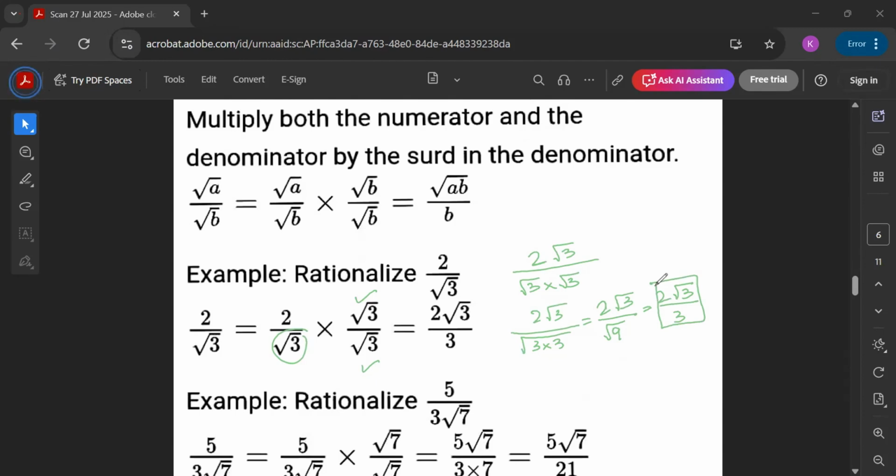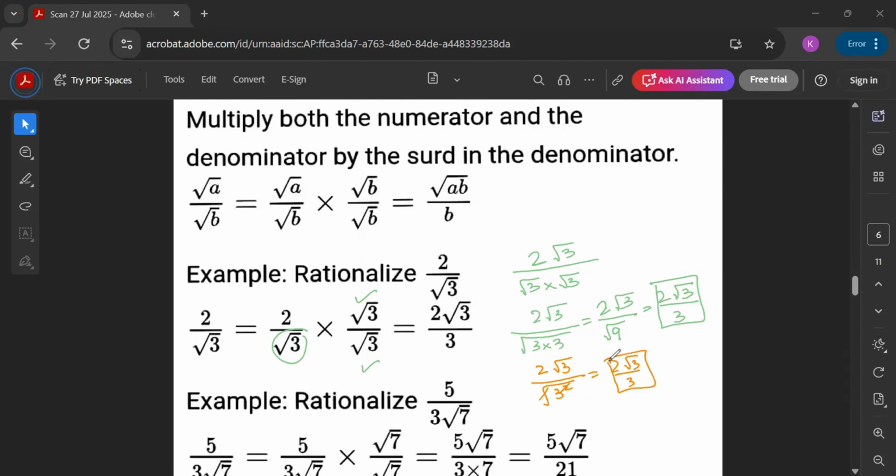Okay, it's not always necessary that you make 3 into 3 as root 9. We can consider it in another way. With this step, 2 square root 3 by 3 square root 3, the root 3 can cancel and we can get 2 root 3 over 3.